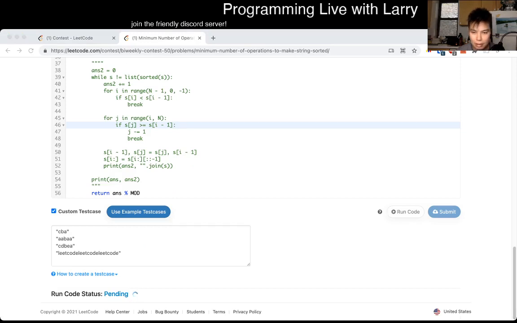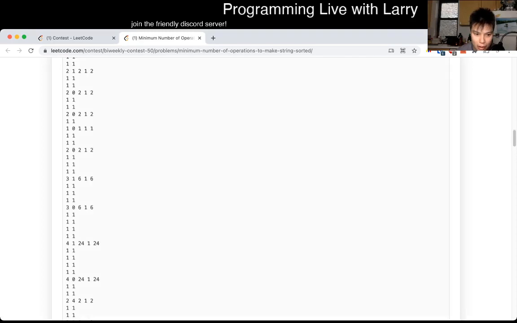Why is it pending? Oh, come on. Come on, old computer. Oh, because it's printing a lot.